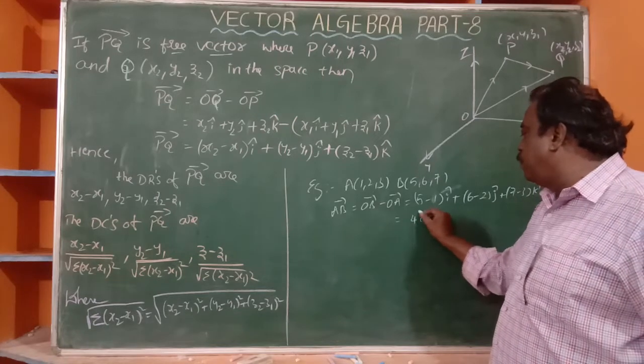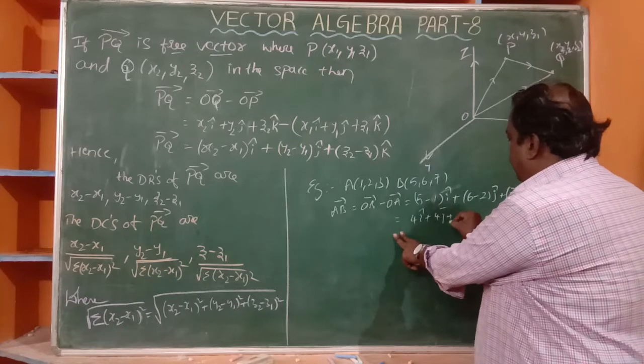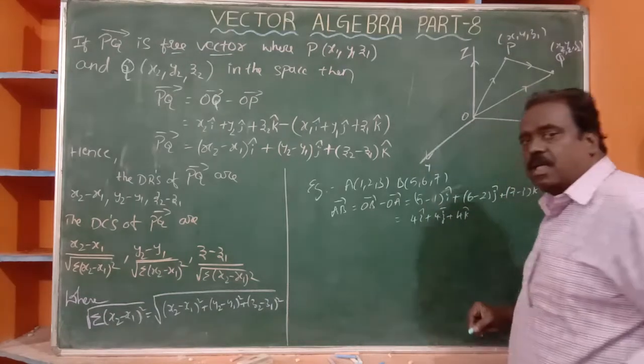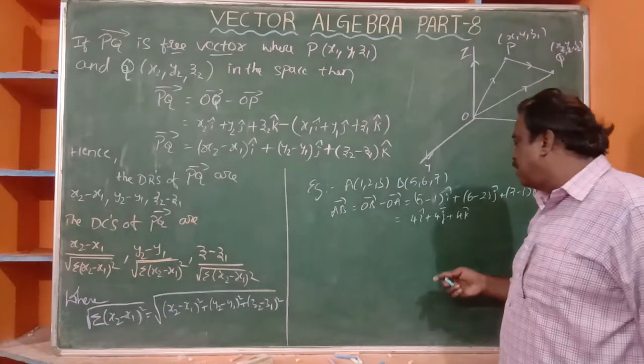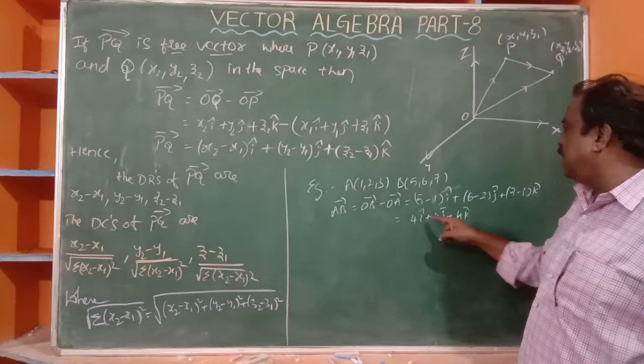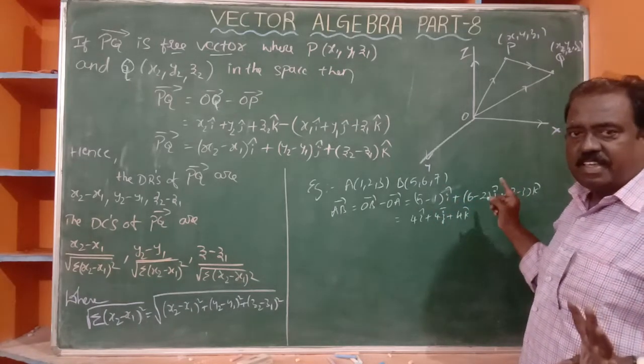Now it is 4i cap plus 4j cap plus 4k cap. Masters always do not write this cap; simply we may write i, j, k, or i bar, j bar, k bar, like that also.